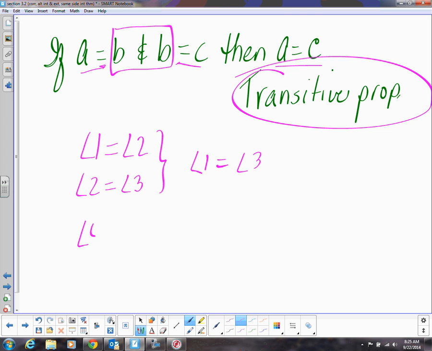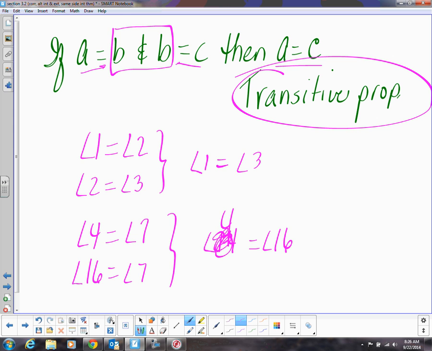If I told you angle 4 was equal to angle 7 and angle 16 is equal to angle 7, what can you conclude? Angle 4 equals angle 16, and the reason is transitive. I just cannot spell today.